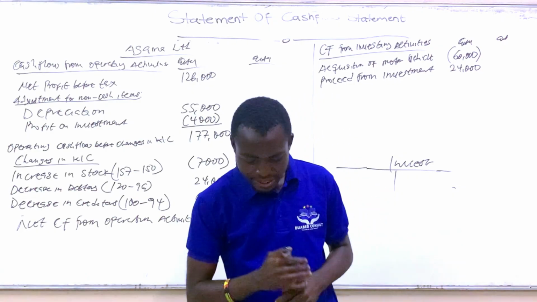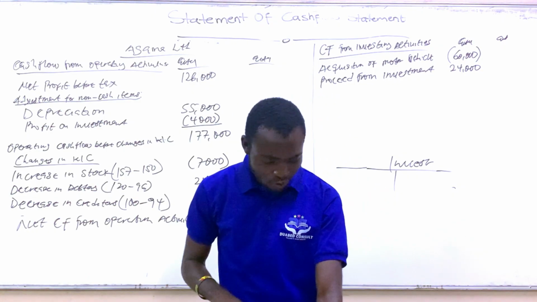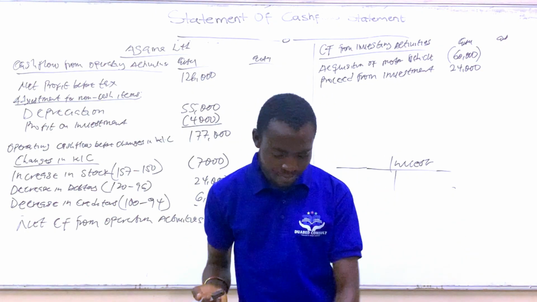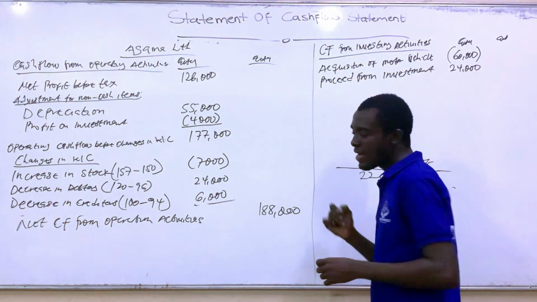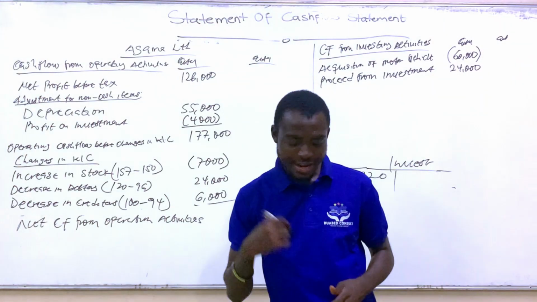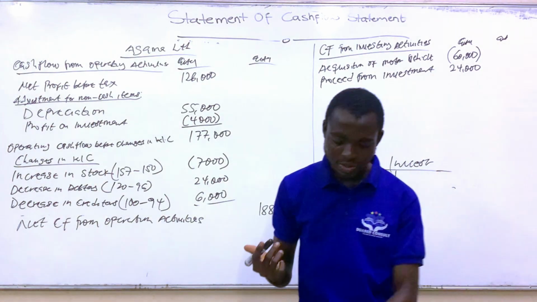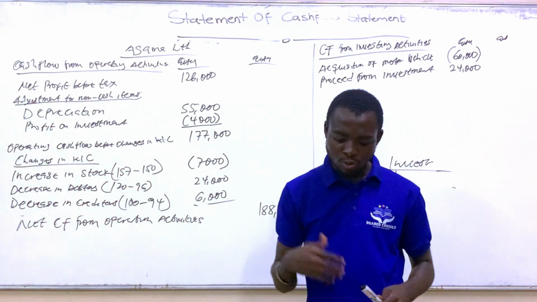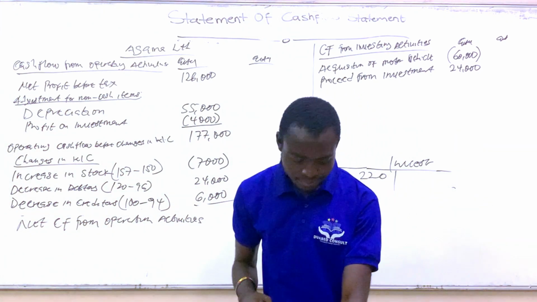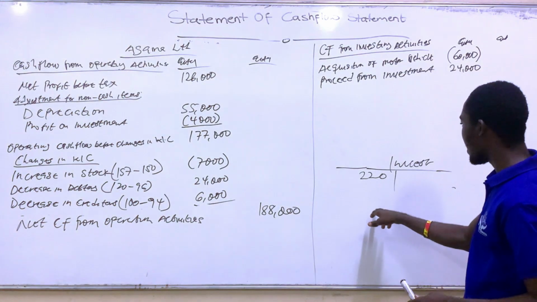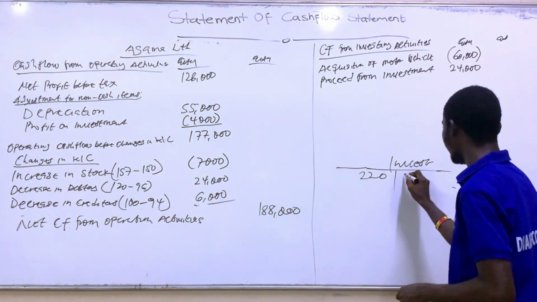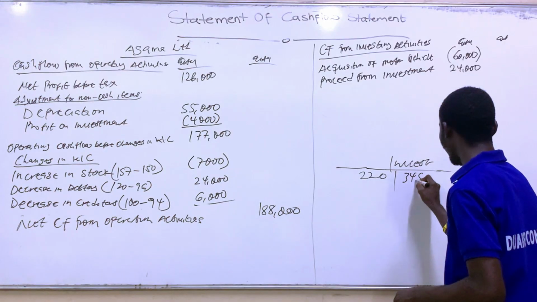At the beginning of the year, the opening balance for investment, the 2007 balance, is 220,000. At the end of the year, 2008, the closing balance for investment is 345. So this will be our carry down, 345.